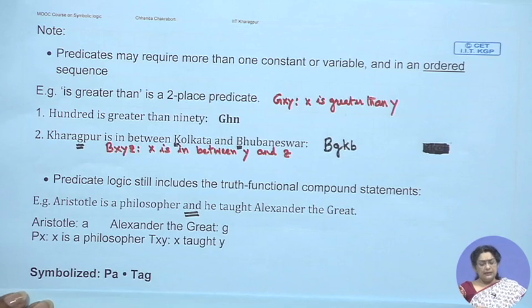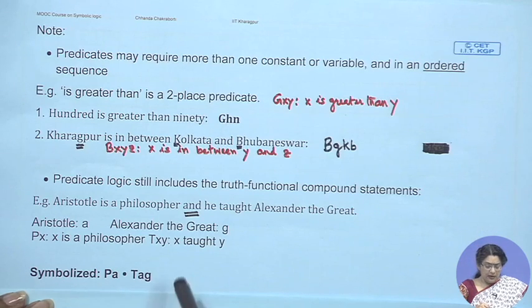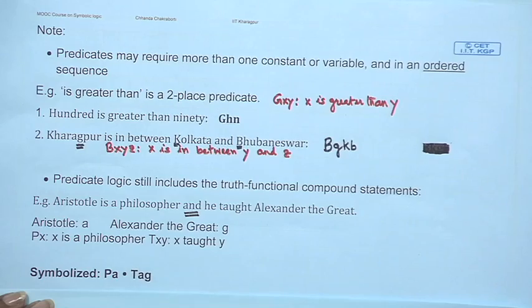Note that this sentence, which may not look to you very familiar if you are still in the propositional logic phase, this is a first order predicate logic sentence, but it uses the truth functional connective dot. Not only that, it is a truth functional compound. It is going to follow the truth table of the dot.